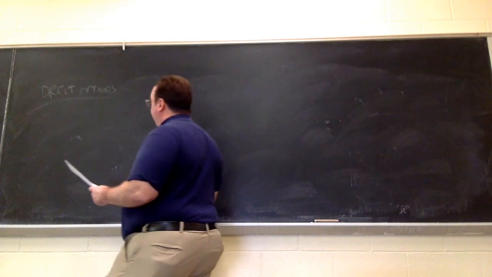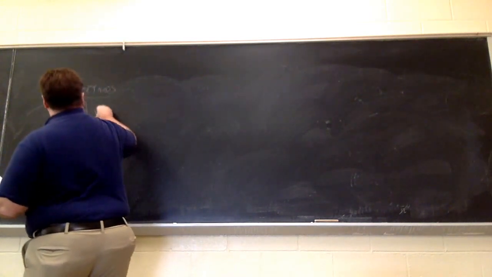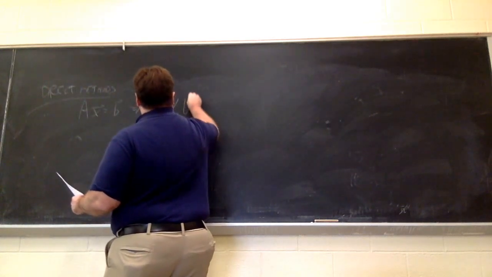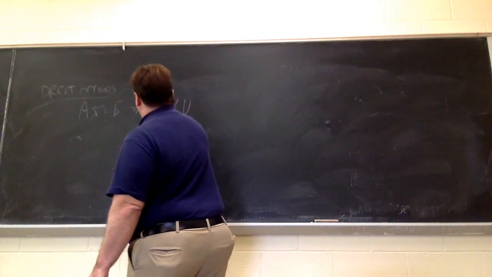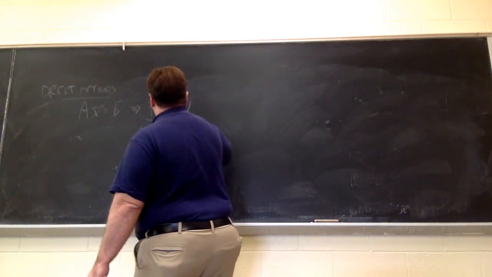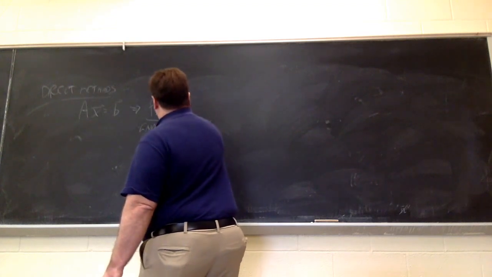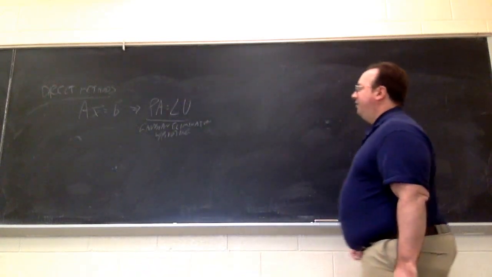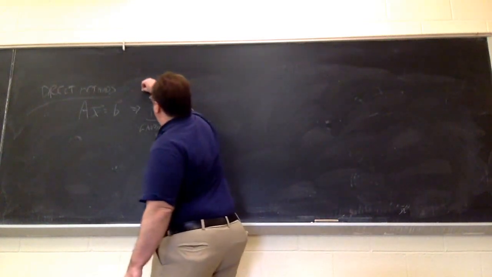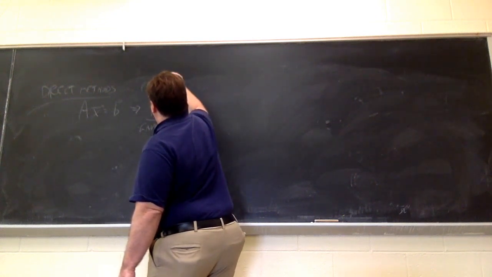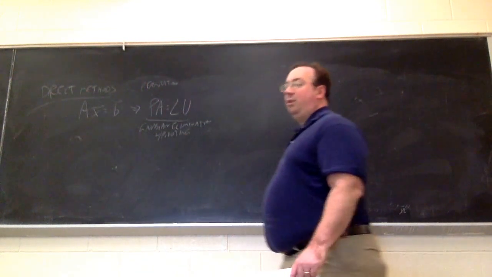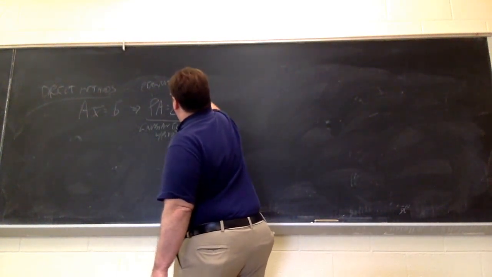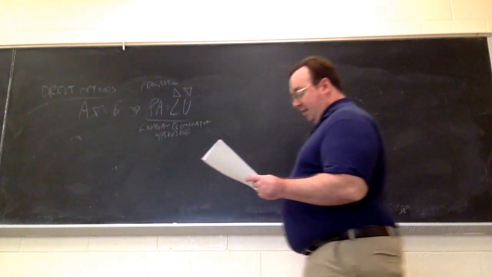The idea is, for a generic system Ax equals b, for the general case, we perform Gaussian elimination with pivoting, for instance partial pivoting, to get this factorization where P is a permutation matrix multiplying on the left. It just rearranges the rows of A so that Gaussian elimination is possible. L is a lower triangular matrix, and U is an upper triangular matrix.